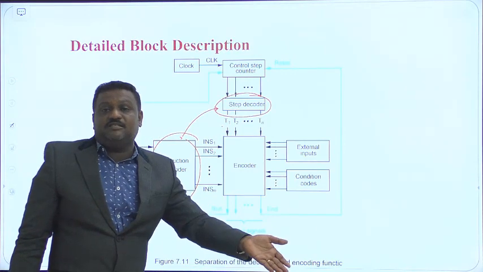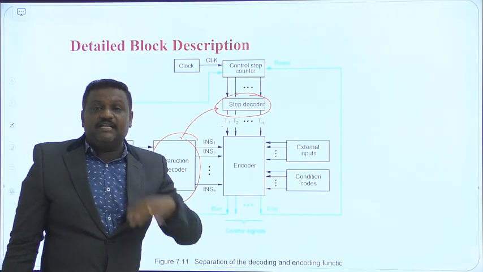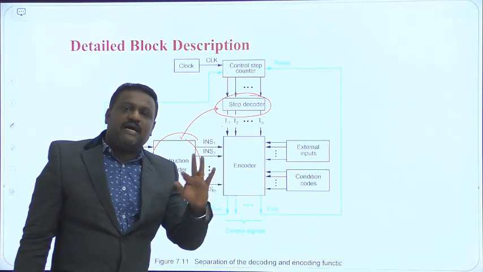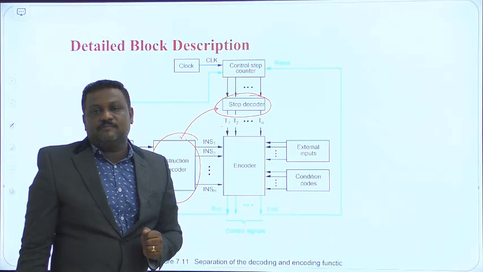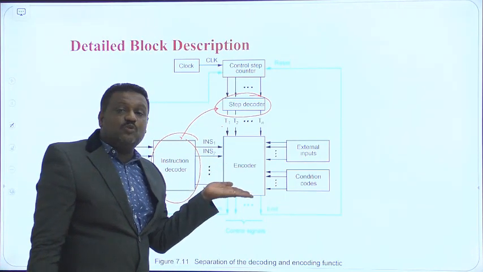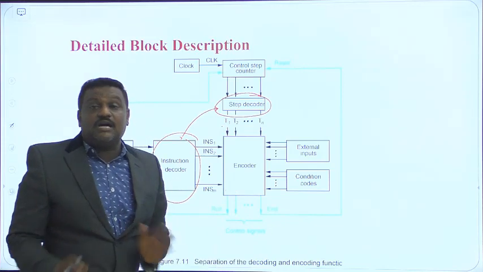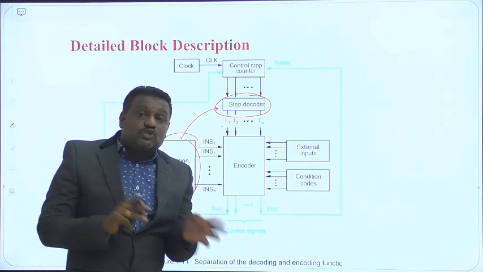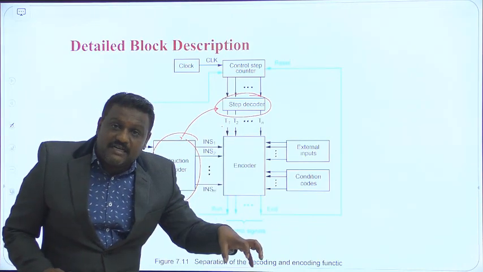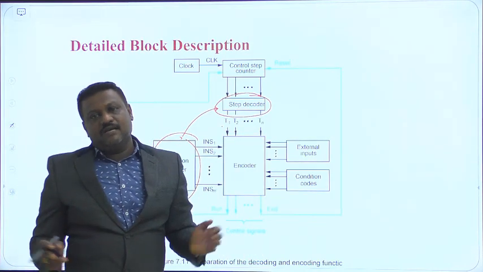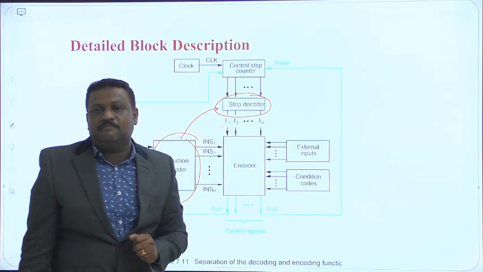But in the previous case, my operands are only in the internal parts of the CPU, both are my internal registers. That means the control signals produced at the output end of this encoder go to the internal devices of the CPU as well as to the external world.